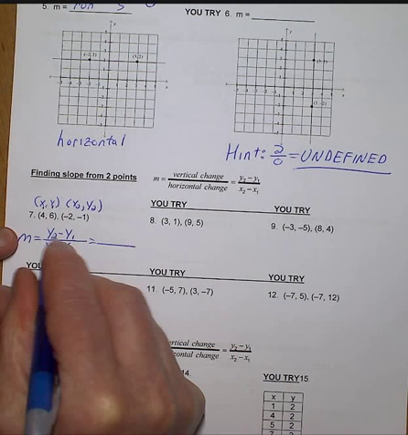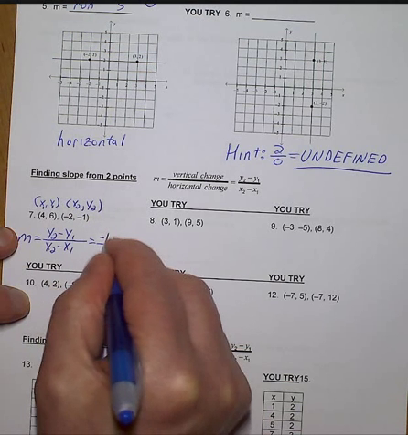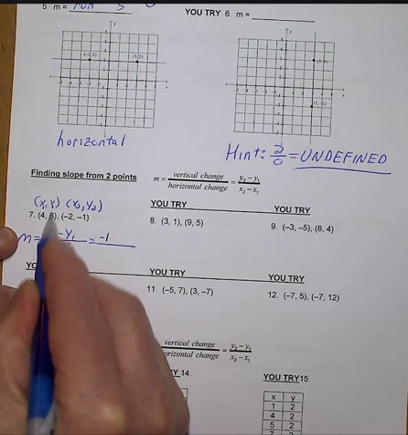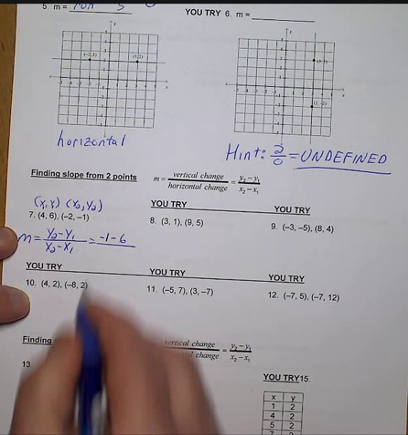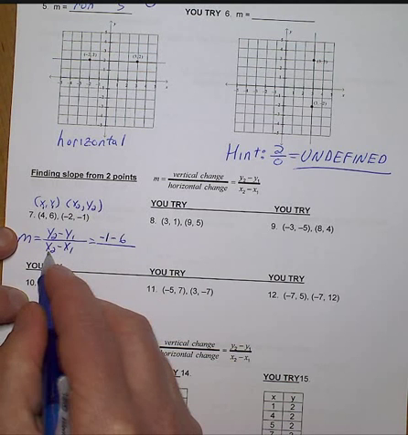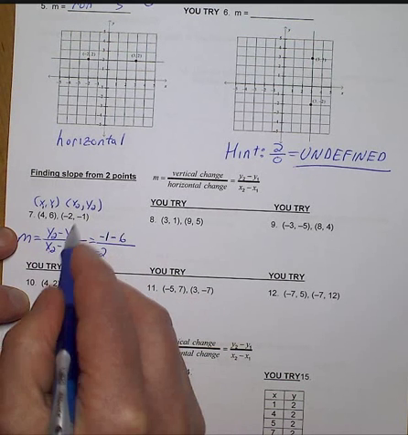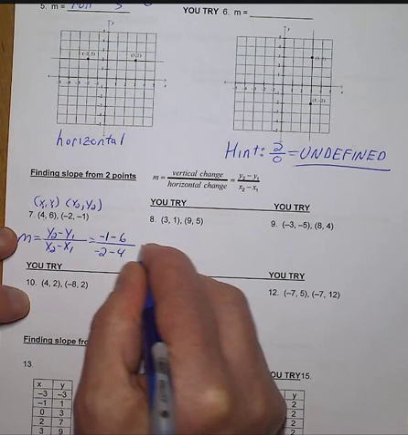So what's my y2? y2 is right here. Negative 1. That's my y2. What's my y1? Right here, 6. Minus 6. Okay, on the bottom, I have x2. My x2 is negative 2 minus x1, which is 4. So minus 4. And then we just simplify this.